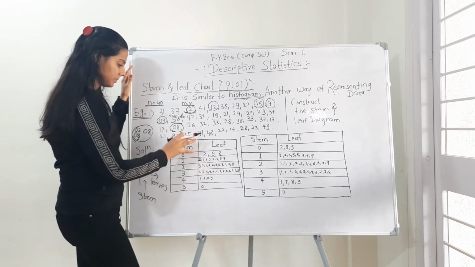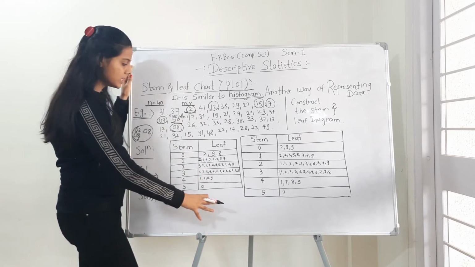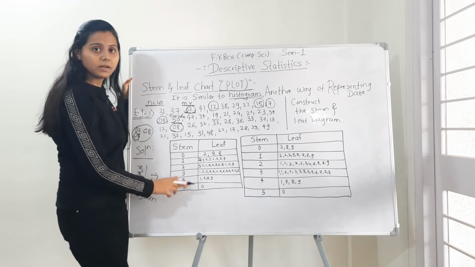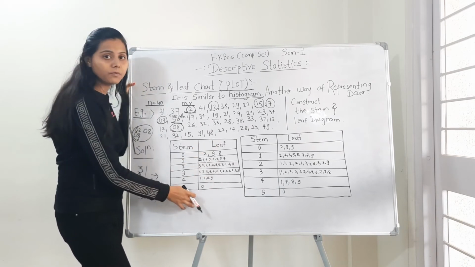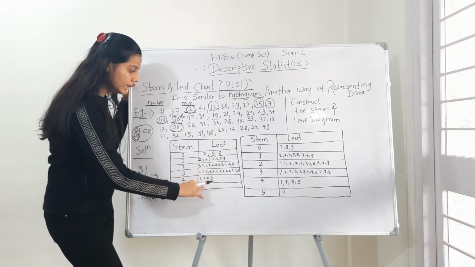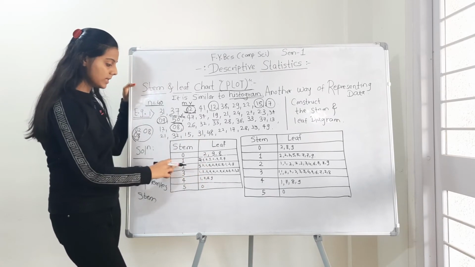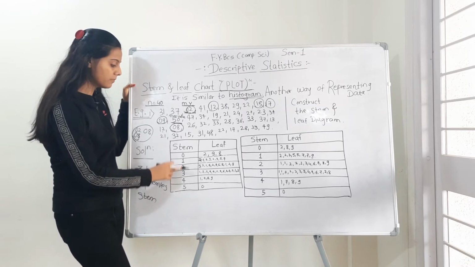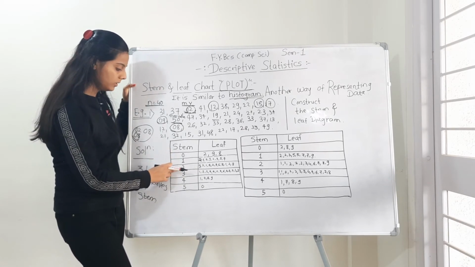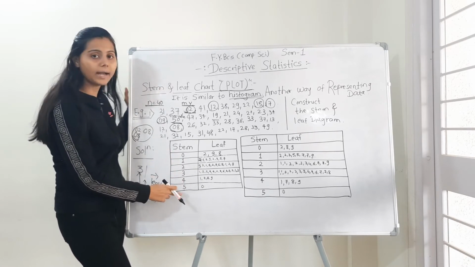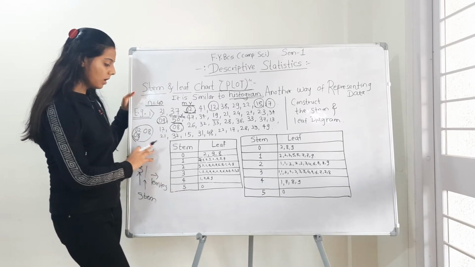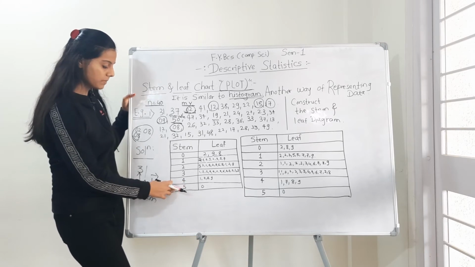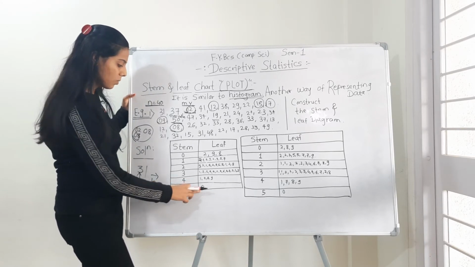Okay, so prepare this first table. Here the first column consists of the stem and the second of the leaf. Write down all the numbers for these particular stems, that is for 0, 1, 2, 3, 4 and 5. Now we see here for the last number 5, there is only one leaf.